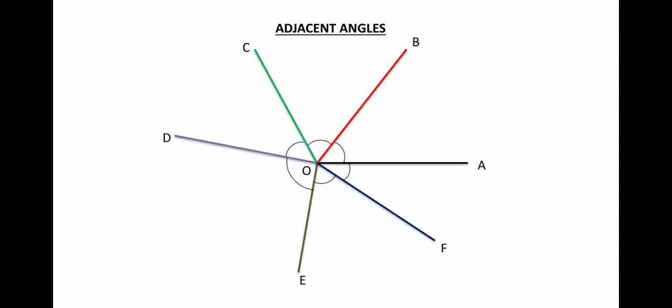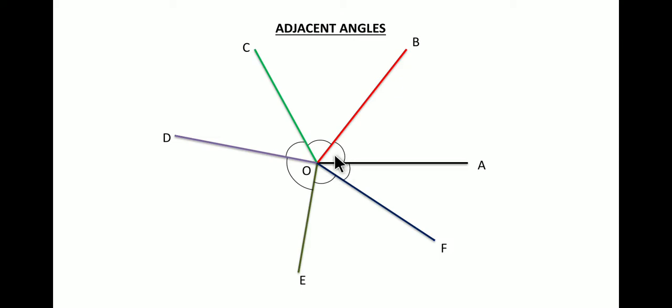Next, adjacent angles. Suppose we have many angles connected this way. For example, this angle AOB, this angle BOC, this angle COD, angle DOE, angle EOF, and angle FOA. So there are a total of 6 angles. The angles which are close to each other, like angle AOB, this angle and this angle, are next to each other.